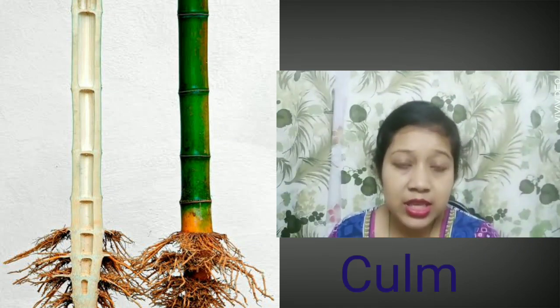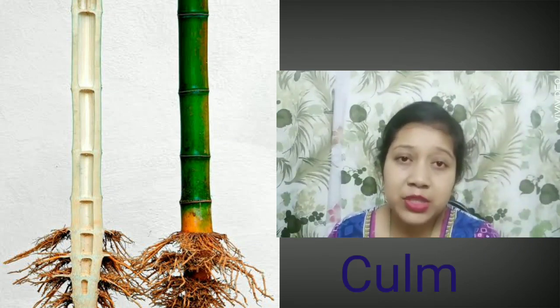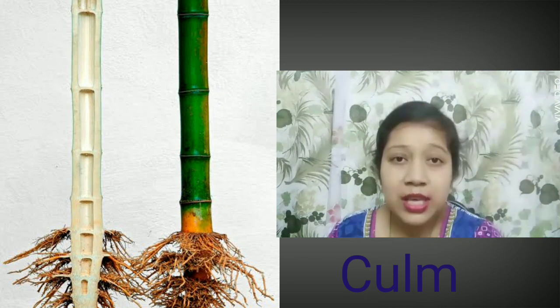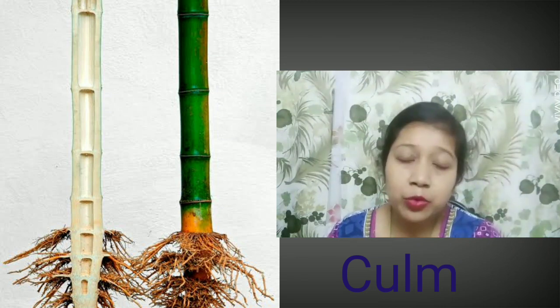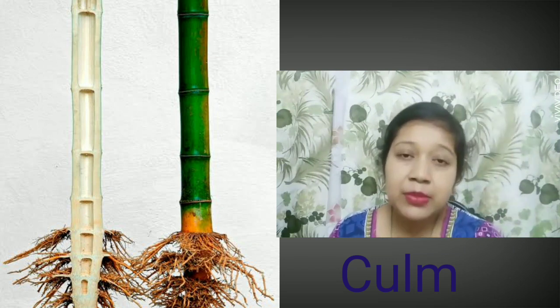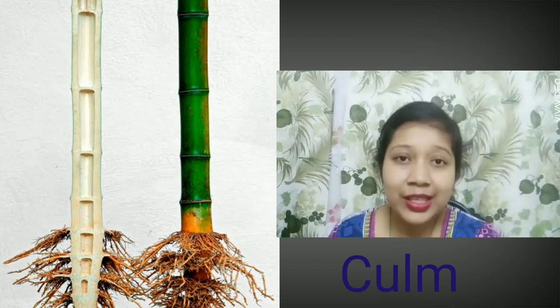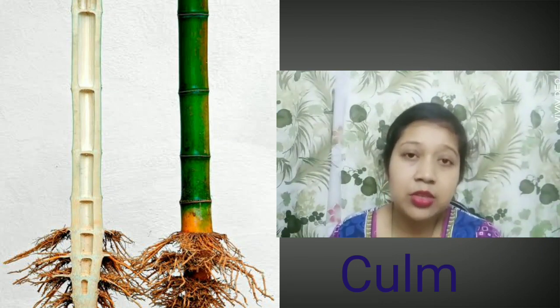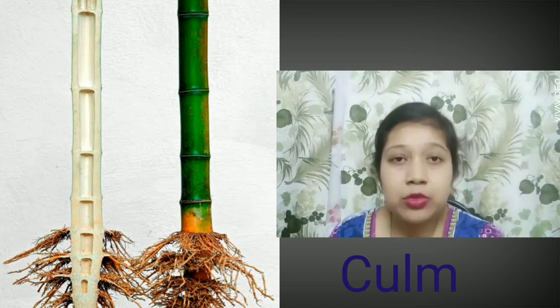So on the basis of their nature, the strong stems are also divided into some types, such as the culm, C-U-L-M, culm. Such stems are found in case of the bamboo, where the inner part is hollow, and the stem is slender in nature, and it grows just in length without much of a branching pattern, as we find in case of the bamboos.